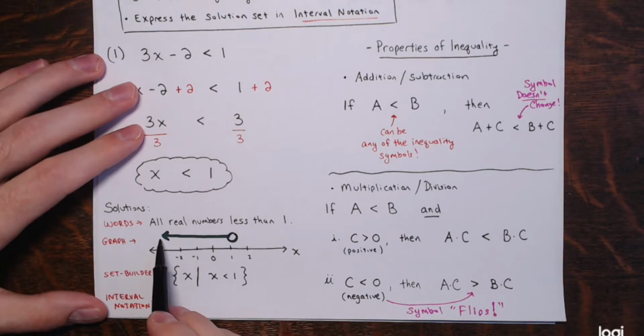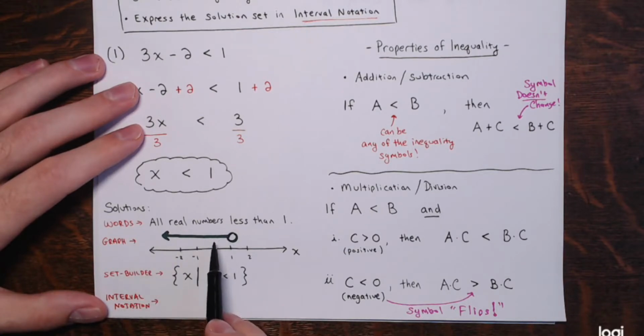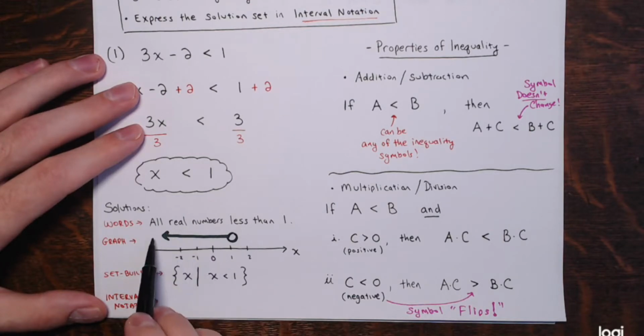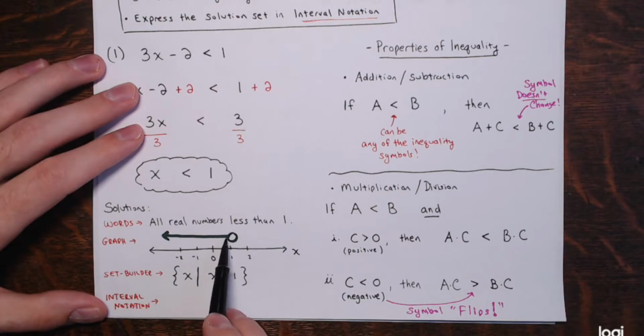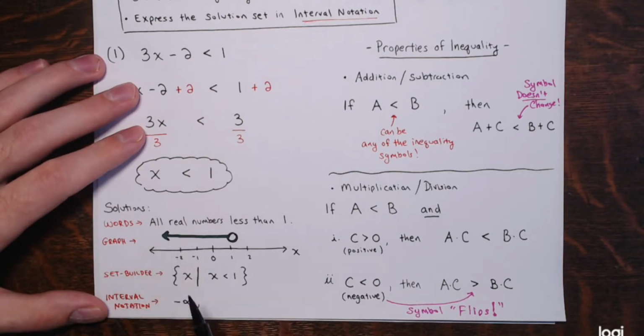You always go low to high, left to right, when you're writing your intervals. From the left end of this picture, these numbers less than 1, there is no left end, so I'm going to put -infinity for the left end. That indicates that the numbers go to the left forever. And then going left to right, this picture ends at 1. So I have -infinity, comma, 1, left end, right end.